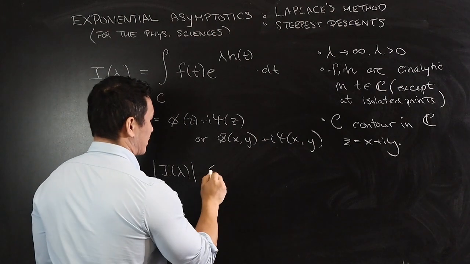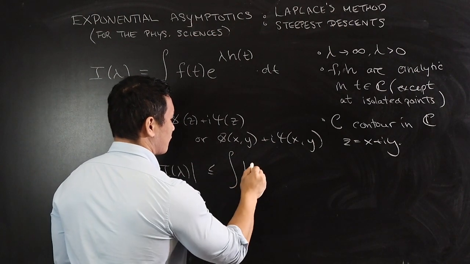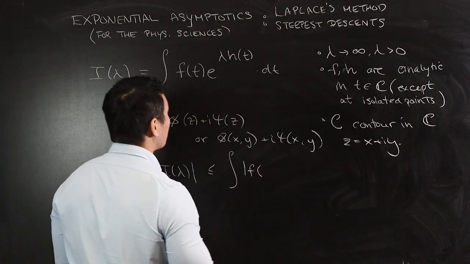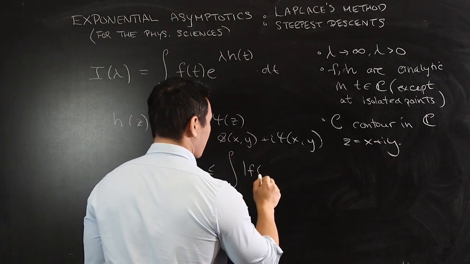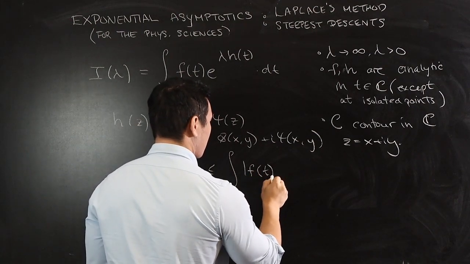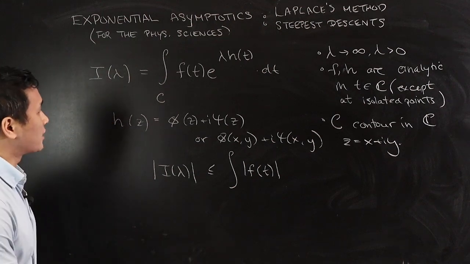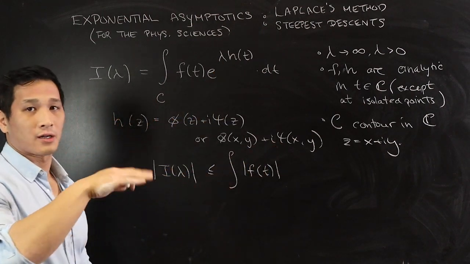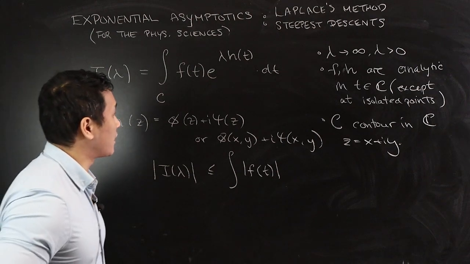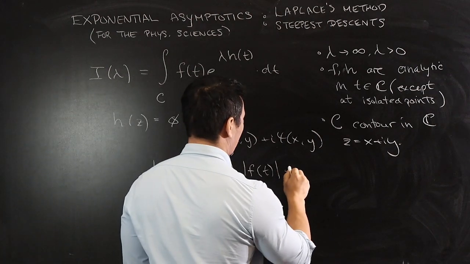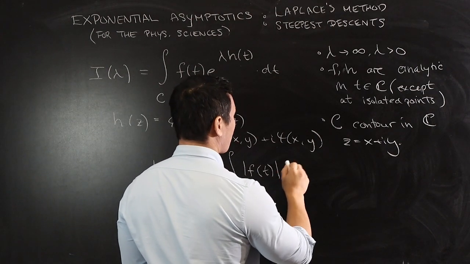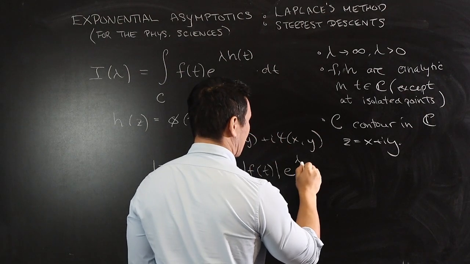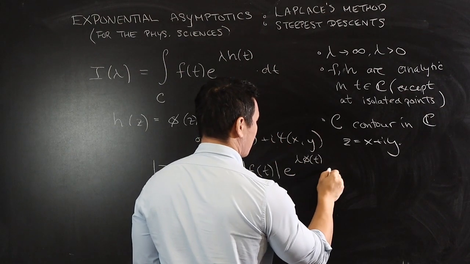And that has to be less than or equal to the integral of just the absolute value of the integrand. And because e to the lambda i times psi is just creating an oscillation, a cosine or a sine, then I can bound that just by the real part of h. So this gets me the integral of |f(t)| e to the lambda phi of t dt.